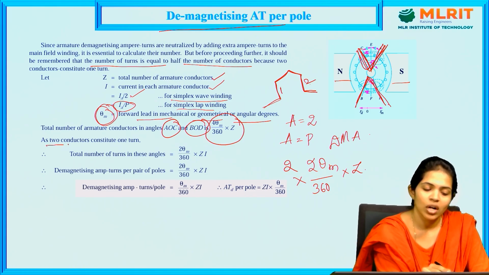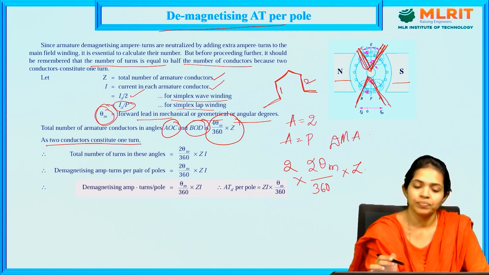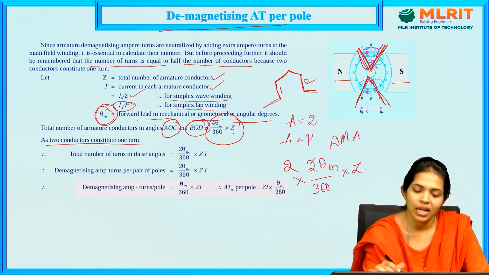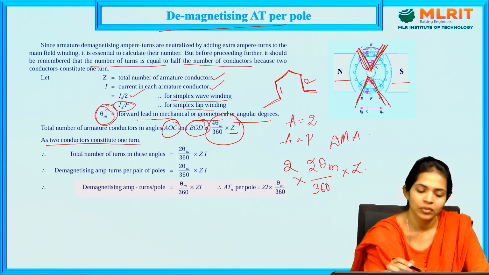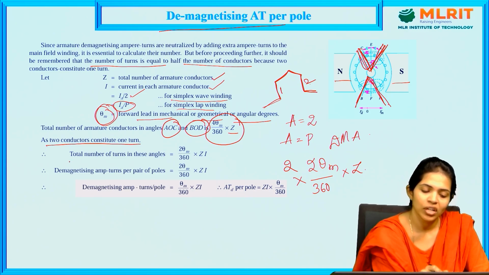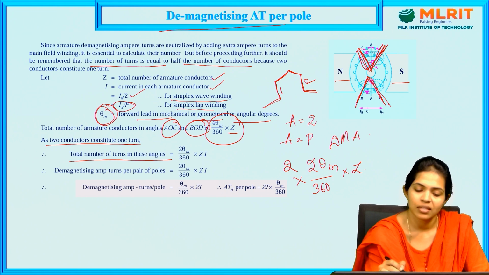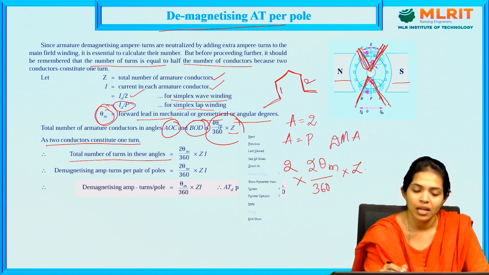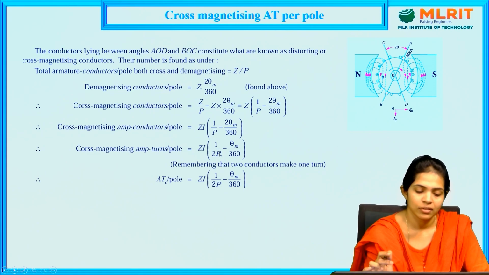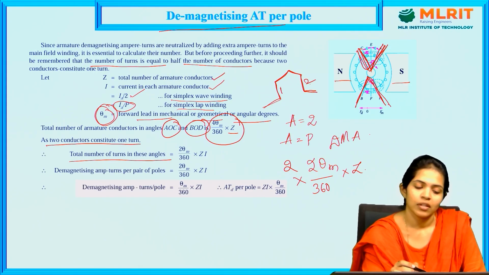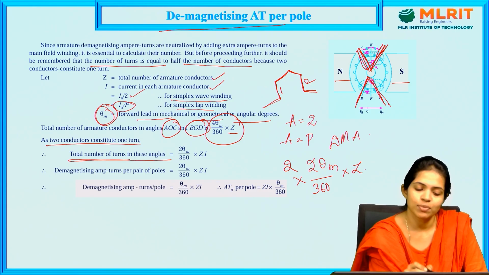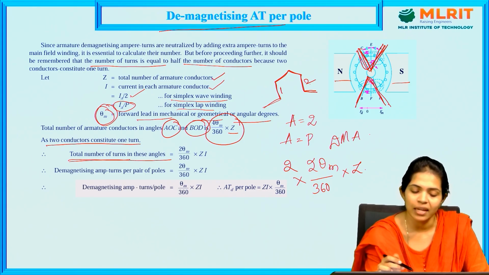As 2 conductors constitute 1 turn, the total number of turns in these angles, which we have seen with respect to conductors as 4 theta M by 360 into Z, becomes, with respect to the number of turns, Z divided by 2.